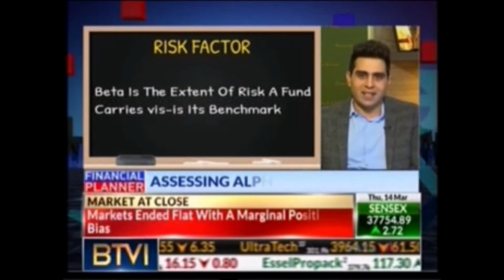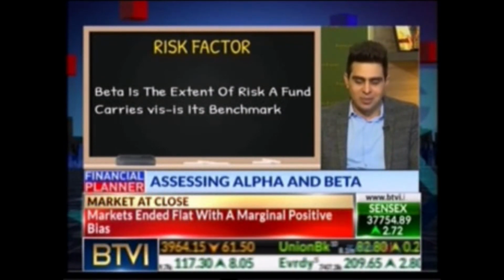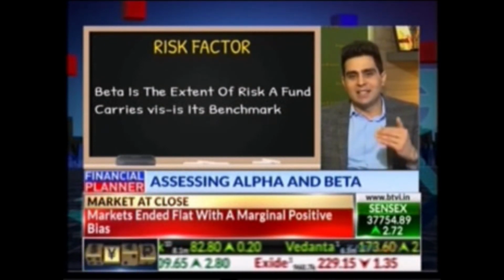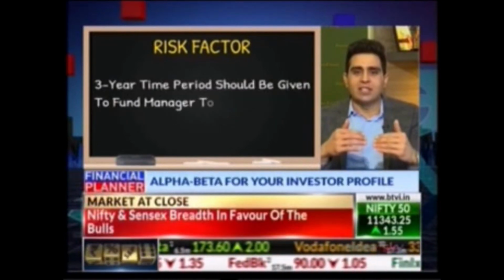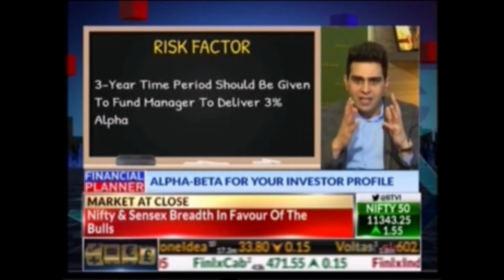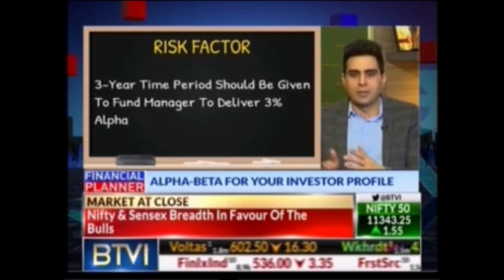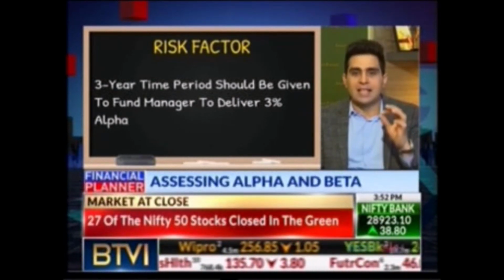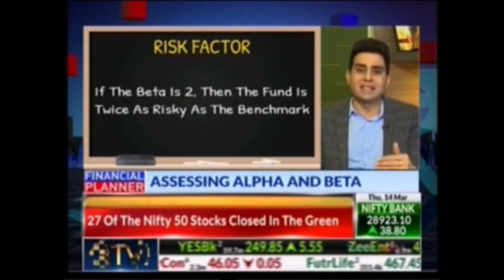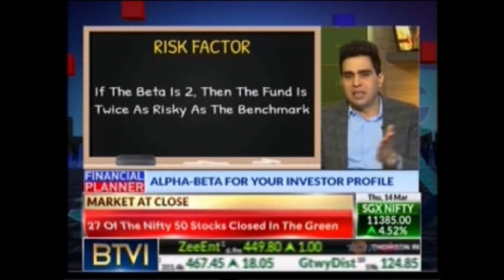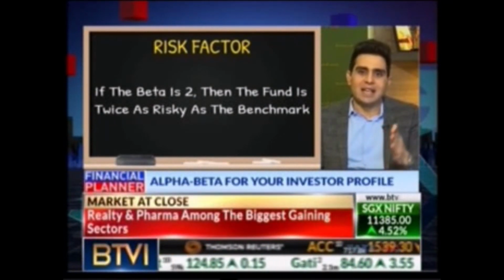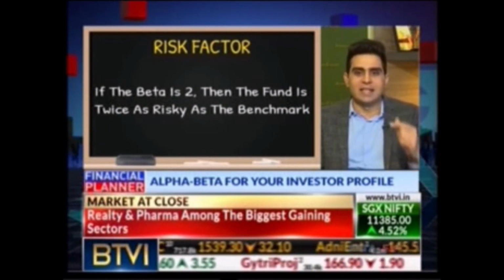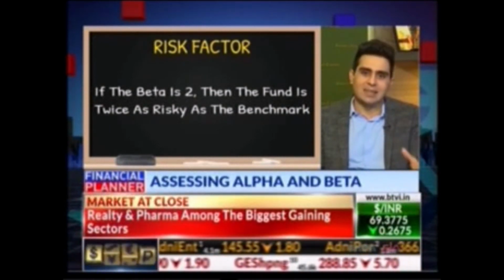Beta, of course, again the name is a little more complex than it should be. Beta is nothing but the extent of risk which the fund carries vis-a-vis its benchmark. For example, if the beta is 2, that means that the fund is twice as risky as the benchmark. If the beta is 0.5, it means that it is half as risky as the benchmark.